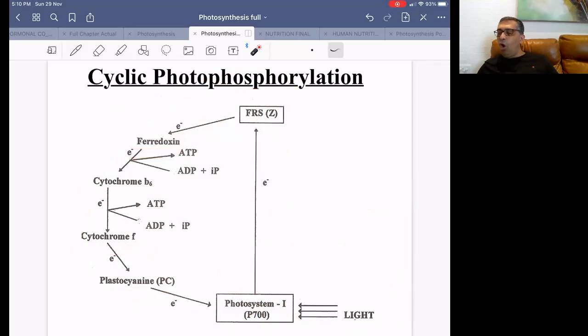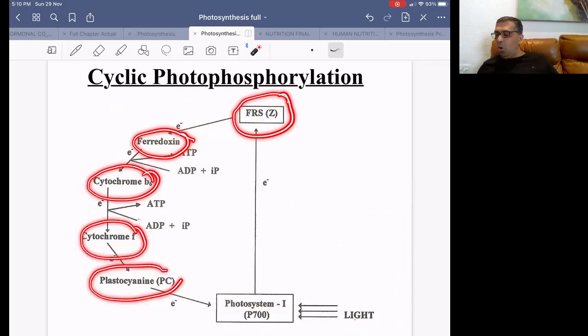While passing from one electron acceptor to the other, there is dissipation of energy.